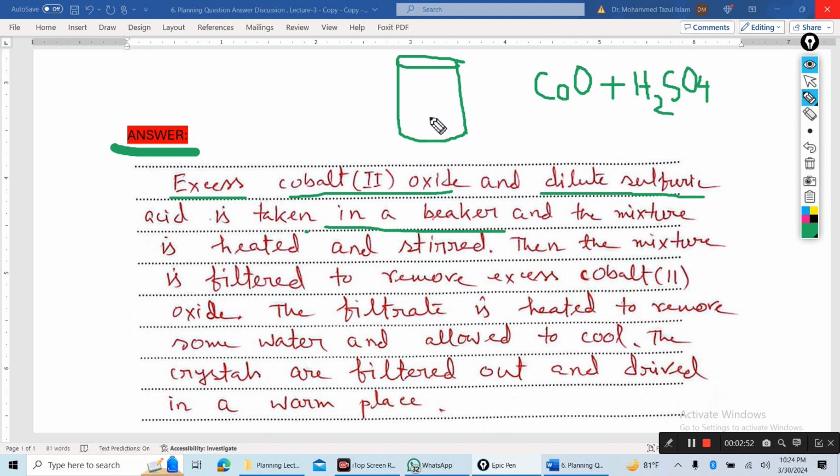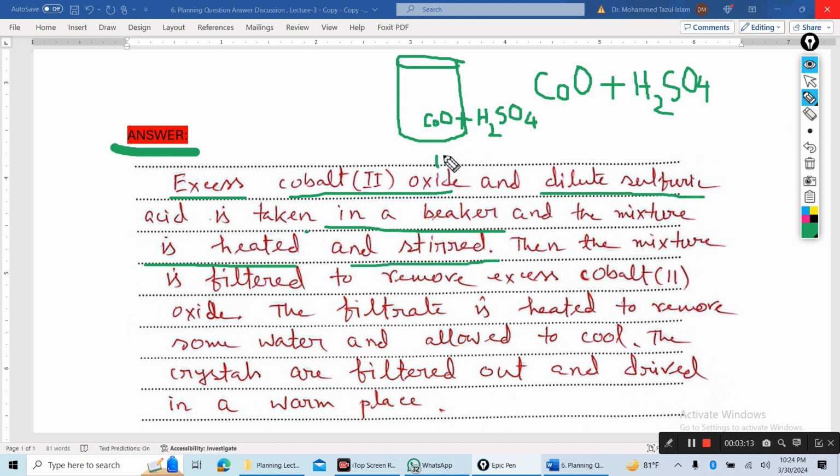You will take cobalt(II) oxide plus sulfuric acid, and the mixture is heated and stirred.